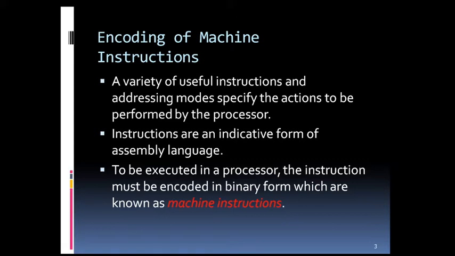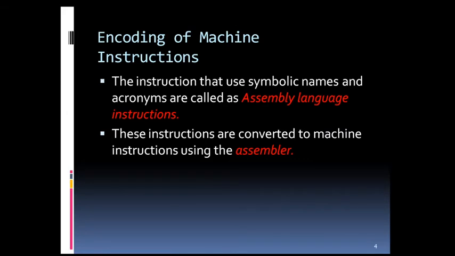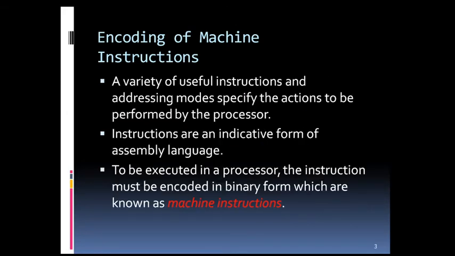To be executed in a processor, an instruction must be encoded in a compact binary pattern. Such encoded instructions are properly referred to as machine instructions. The symbolic names we use, like add and move, are assembly language instructions.